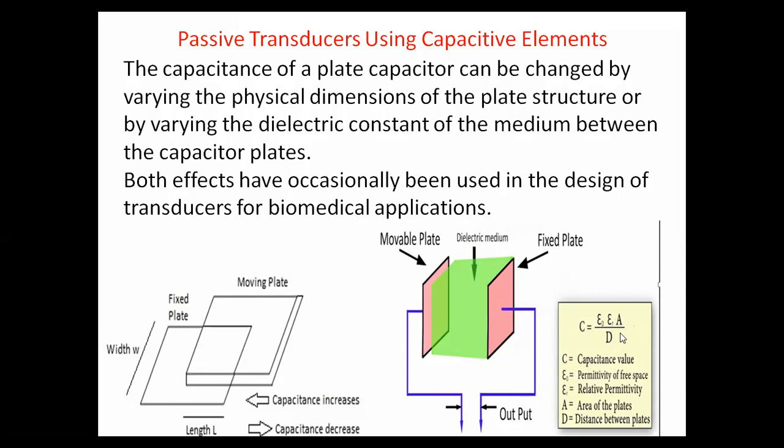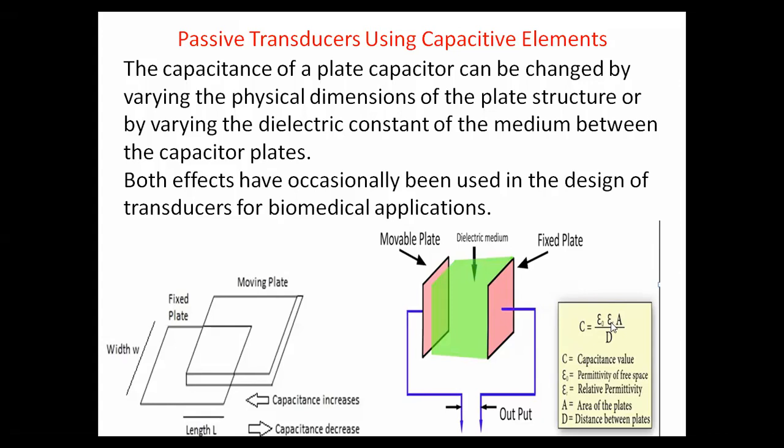If the distance between the two plates increases, the capacitance decreases, because the distance between the plates is inversely proportional to the capacitance. So when the distance increases, capacitance decreases. There is an inverse relationship.